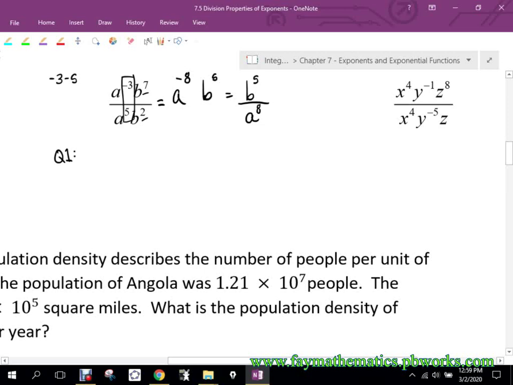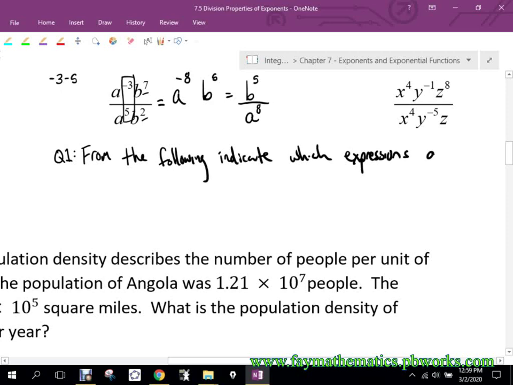They're going to say, you don't have to write this down, but from the following, indicate which expressions are equal to, let's just write, a to the negative 3rd, b to the 7th over a to the 5th, b to the 2nd. And then what they're going to do is they will have like a series.